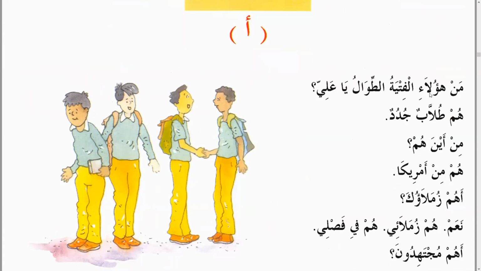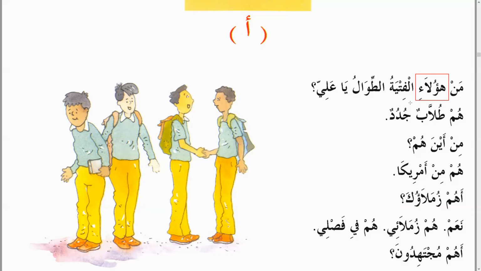من هؤلاء الفتية الطوال يا علي. Man, we will learn man, right? Who is used for questioning who. هؤلاء, this is what is new here. هؤلاء is translated as these, and it is the same for both masculine and feminine.